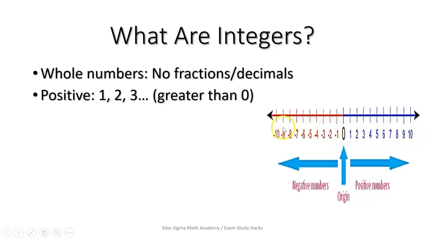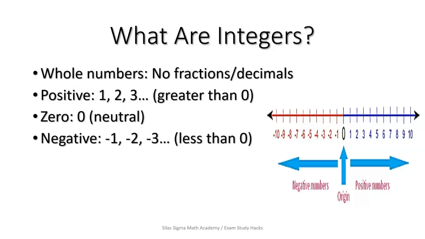Then we have these other numbers from the left hand side. If you're moving to the left from 0, then you have the negative numbers. You can see some of them here: negative 10, negative 9, negative 8, and many more. Now, 0 itself is very neutral. It's always at the neutral point, like you can see here.